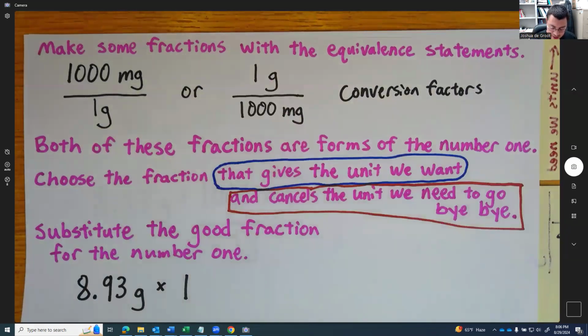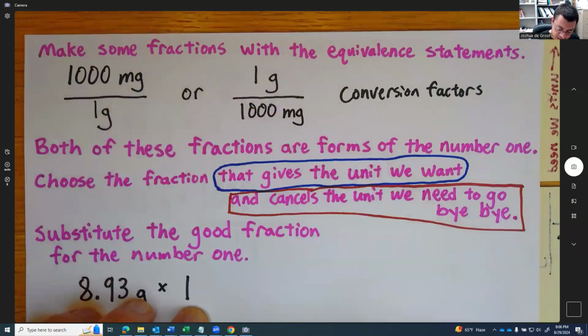Now this is where we are heading into the territory of being able to do a unit conversion. We're going to choose the fraction that gives us the unit we want and cancels the unit we don't want. Again, I'll say that again. We want to choose the fraction that will give us the unit we want and takes away the unit we need to go by, the unit we don't want.